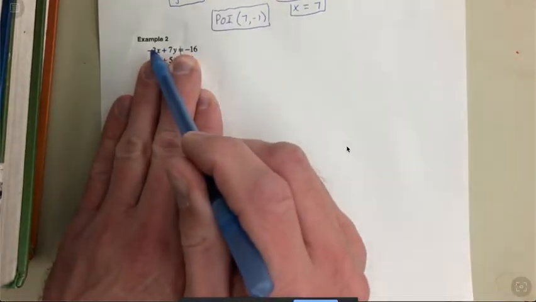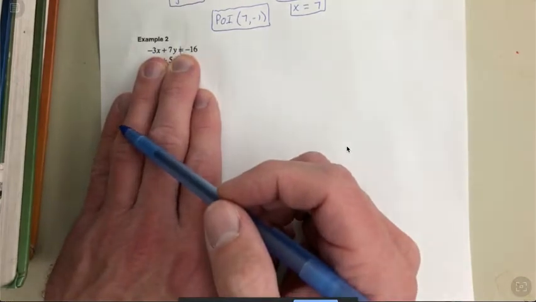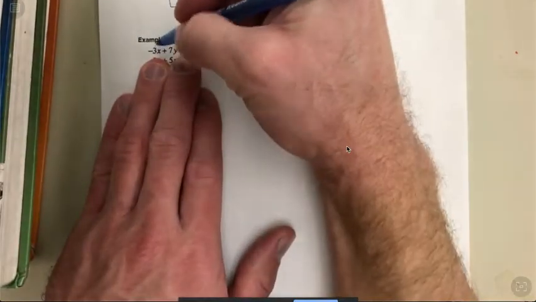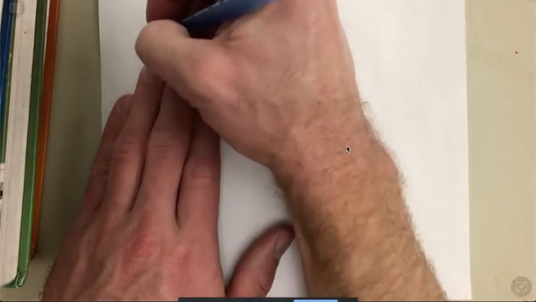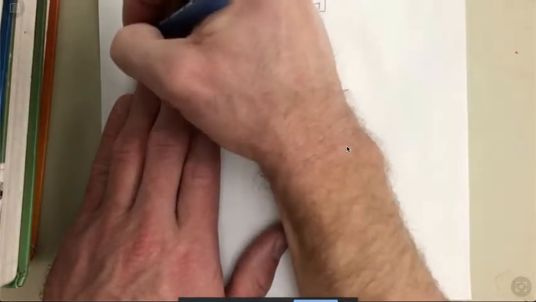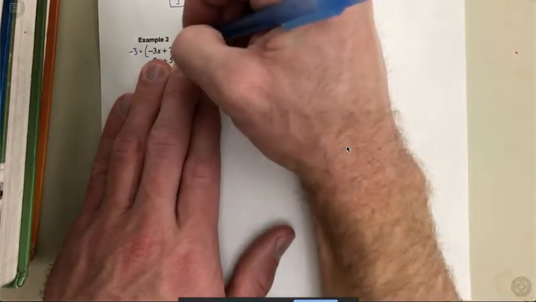I want this to be a positive 9x so that when I add it with the other equation, I get 0x. Well, what would I have to multiply negative 3 by to get positive 9? Turns out I would have to do negative 3 times negative 3 to get that.